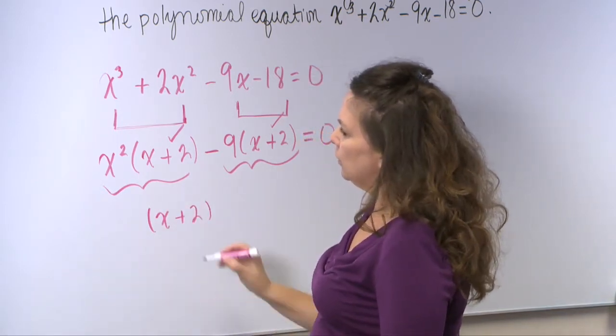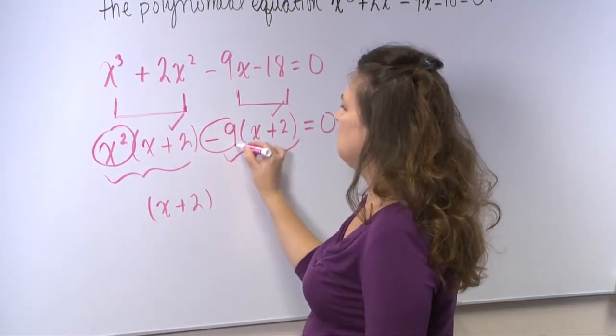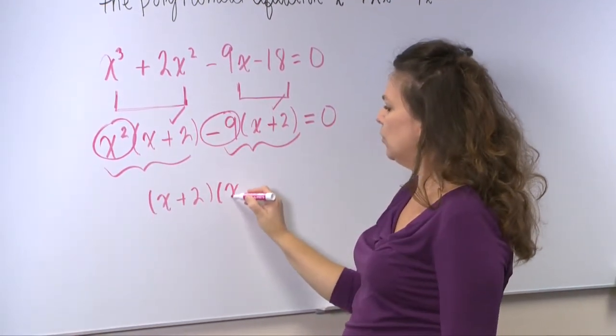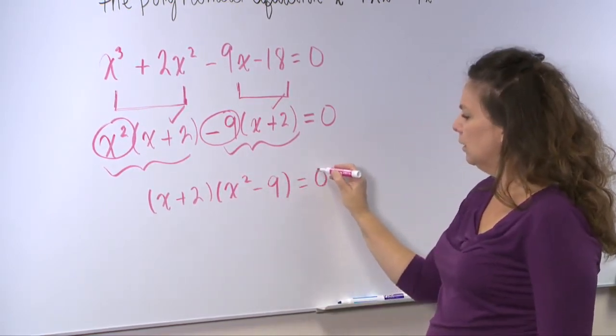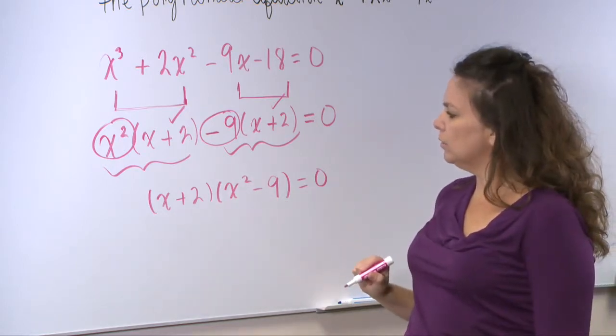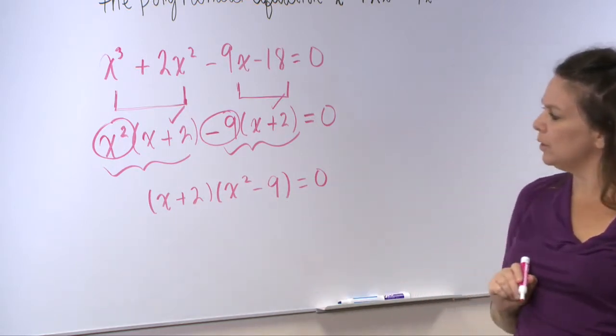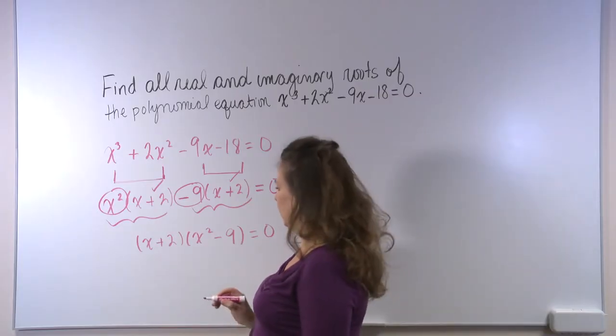And then I'm going to write down what's left over. This x squared minus 9, and it goes in its own binomial. X squared minus 9. And it doesn't make a difference if I had written x squared minus 9 first, followed by the binomial x plus 2, or in the order that I have it here.